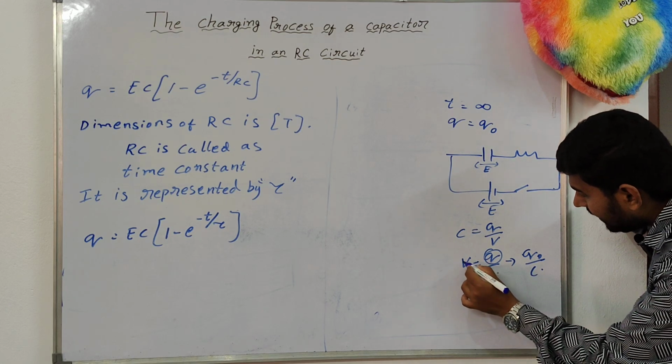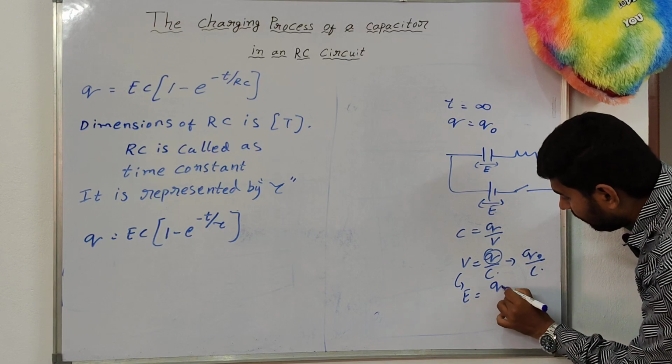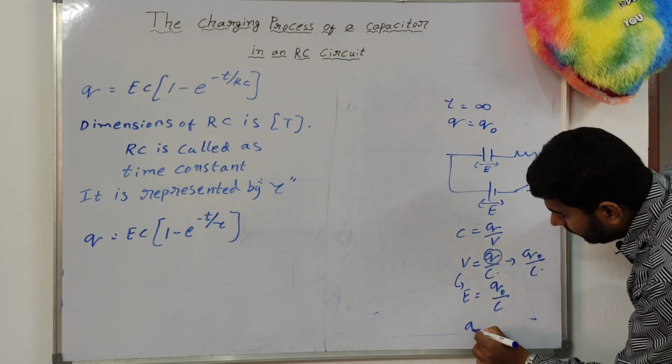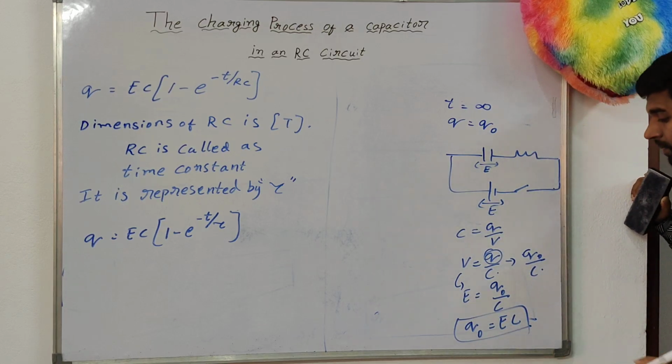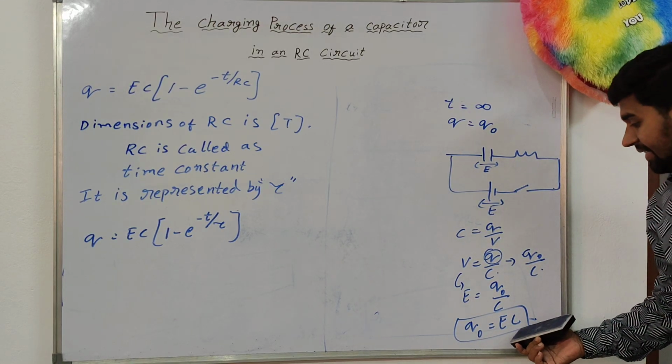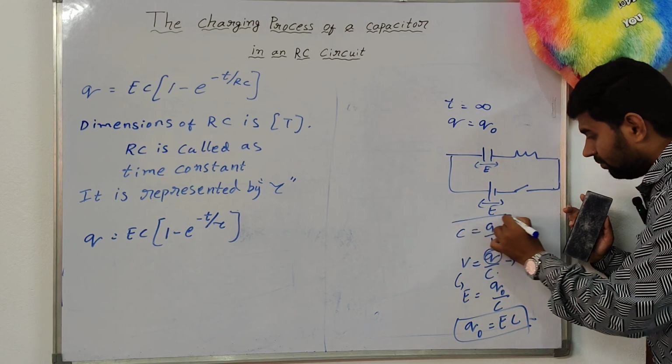From this, here V is nothing but the EMF E. EMF E is equal to Q naught by C. From this, Q naught is equal to EC, where instead of EC, I can write Q naught. Is that clear?